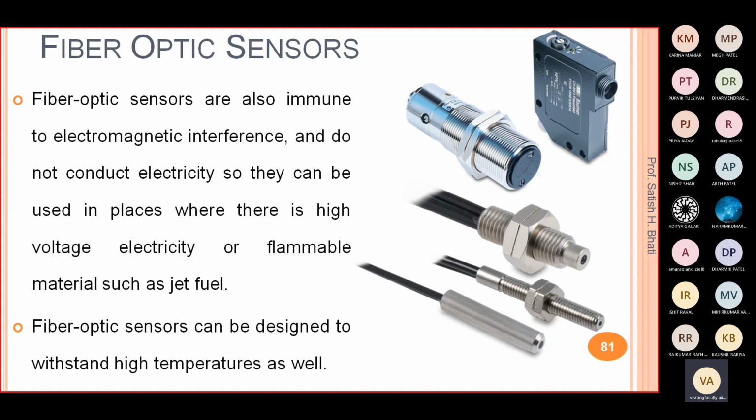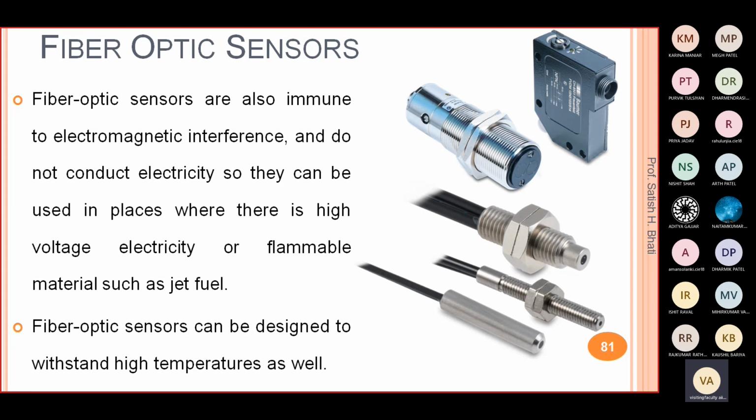In such applications, if you use electricity, there is a chance that it may create a fire, right? So where flammable material is present, you can use the fiber optic sensor.